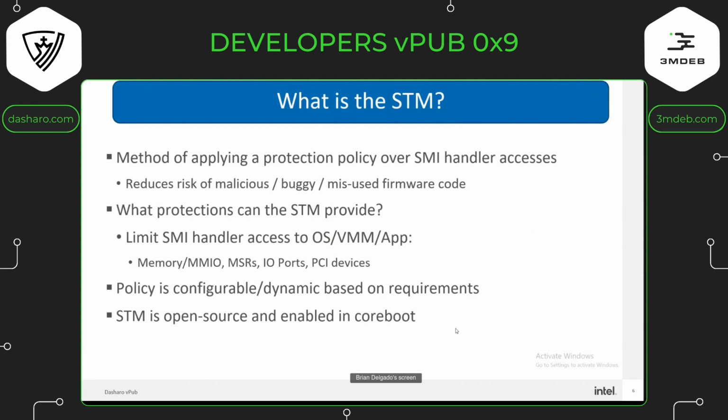This policy is directed by the OS or VMM, and the STM enforces it. Essentially, it provides ways to specify particular memory regions or MMIO regions, CPU MSRs, IO ports, PCI devices that we want to keep the SMI handler from being able to access or modify at runtime.